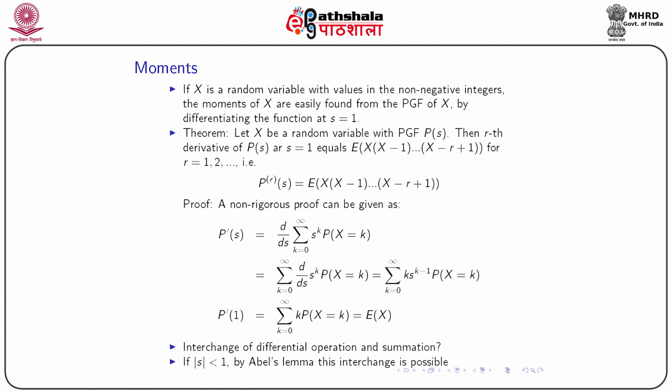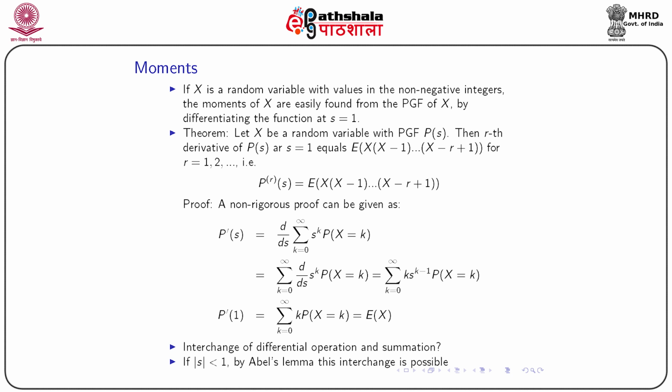So if I put, for example, s equal to 1, in P prime of 1 we are left with the sum over k from 0 to infinity of k times probability X equals k, and this is the definition of expectation. So the first order moment can be computed by differentiating the probability generating function once and putting s equal to 1. So why are we saying this is non-rigorous?